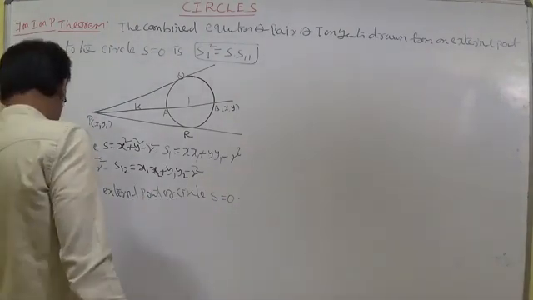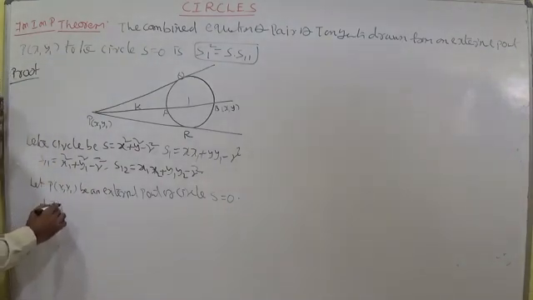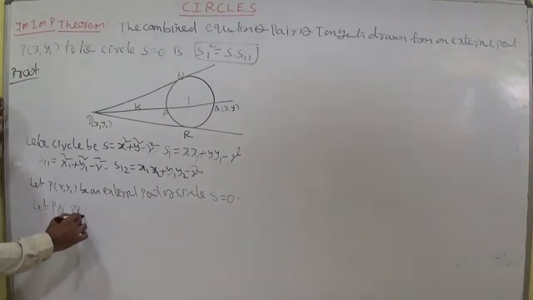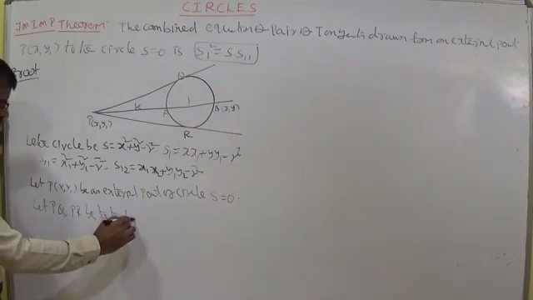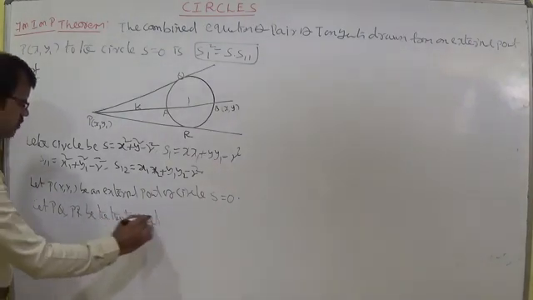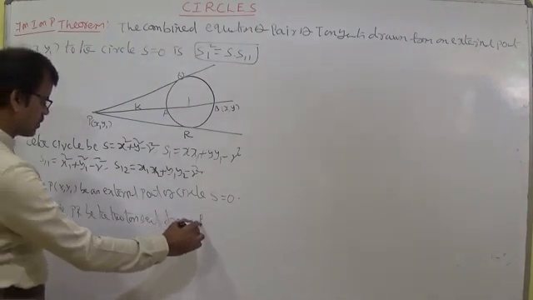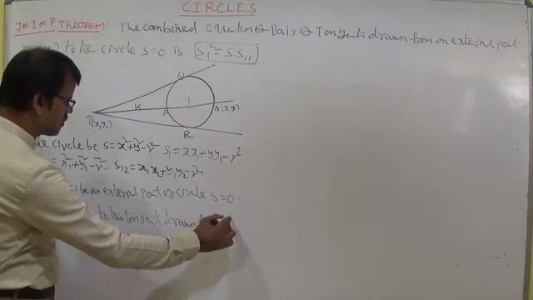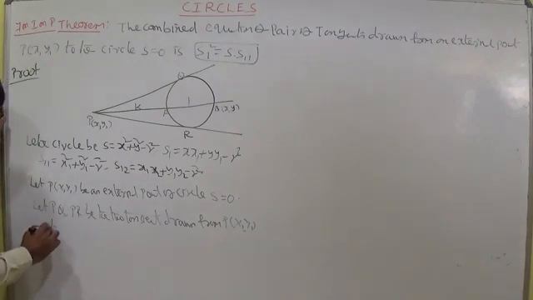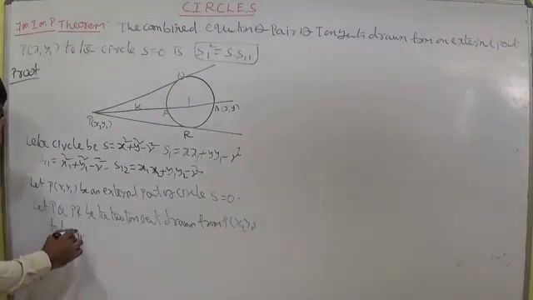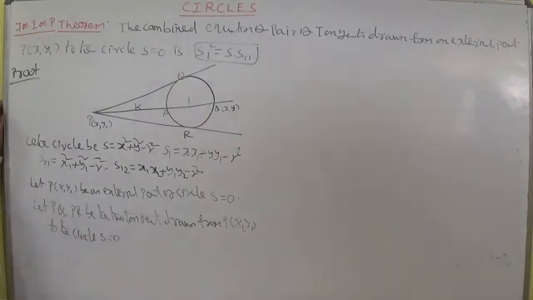Now, let B(x, y) be any point. Let PQ, PR be the two tangents drawn from P(x1, y1) to the circle S equal to 0.